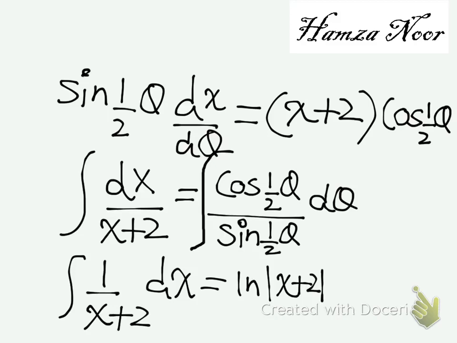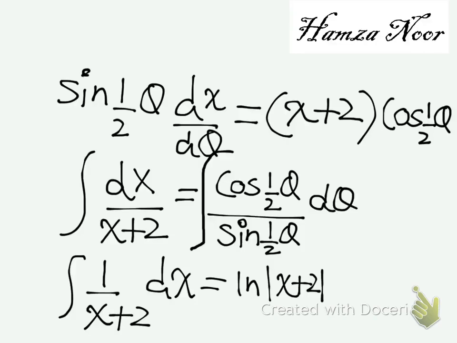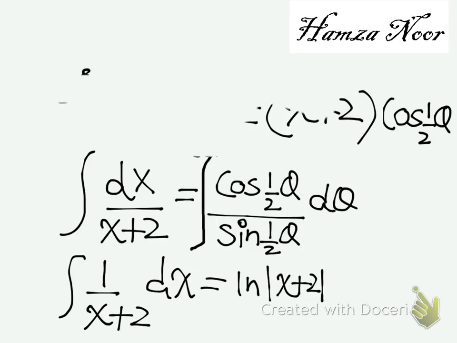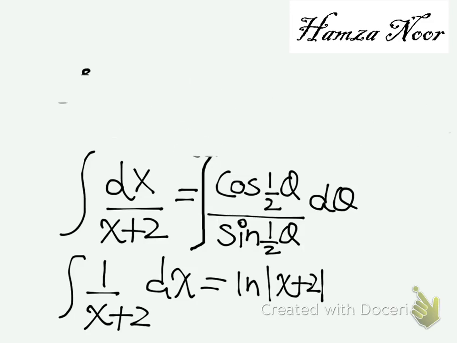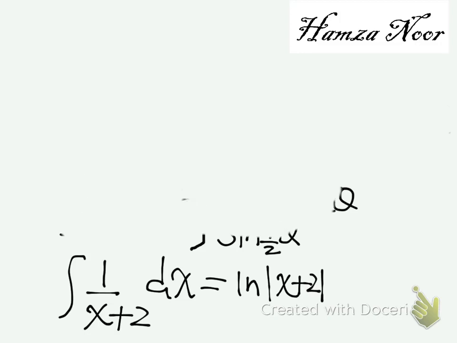Let's integrate it here separately. We need to integrate cos theta over 2 divided by sine theta over 2.